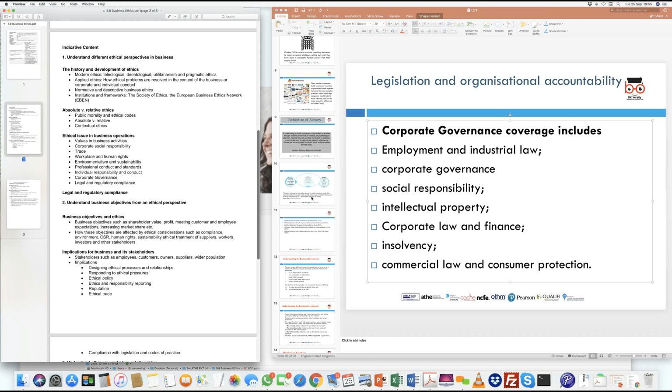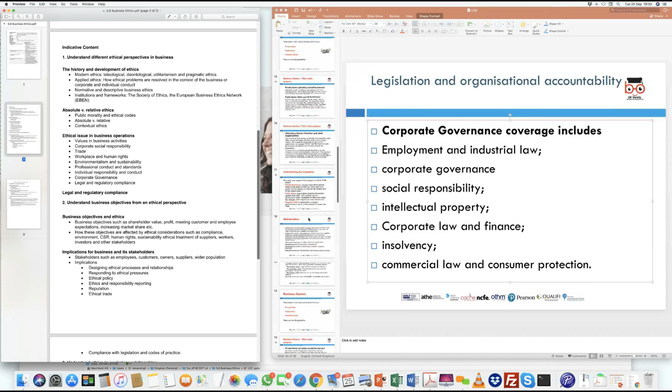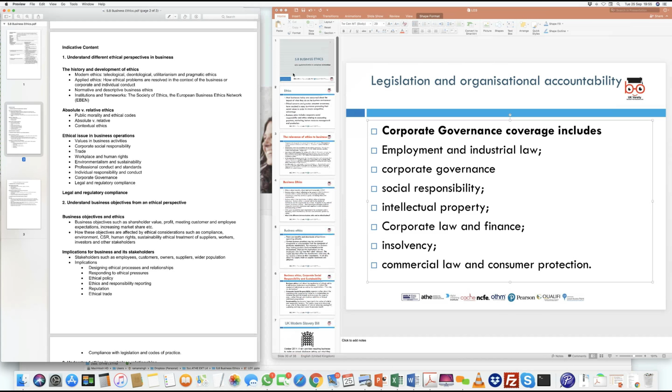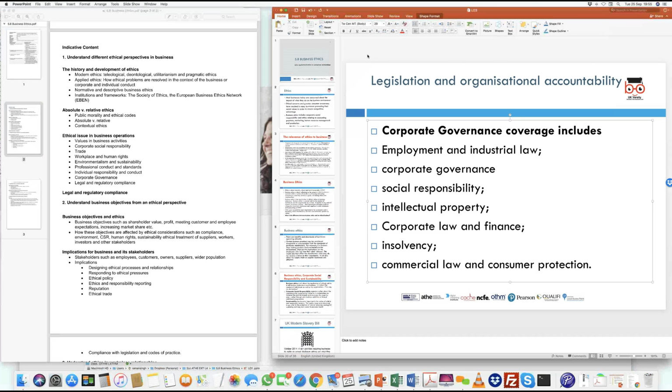So their expectation and interpretation of the ethics that they include from an accountability point of view and from a social responsibility point of view is different, as is how they bring it into their code of conduct, employee handbook, maybe policies and procedures.